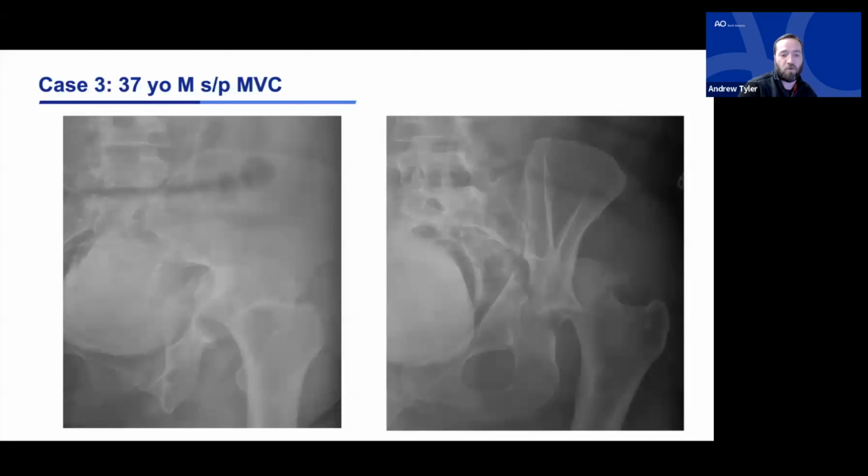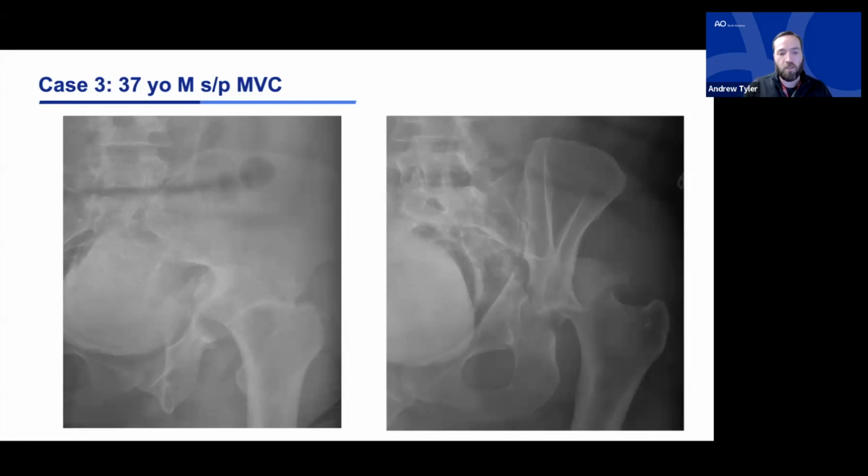Now here again, we're showing the iliac oblique on the left, and then the obturator oblique on the right. And starting with the obturator oblique on the right, again, we see the hip is dislocated. We can see that fleck of posterior wall that's superimposed on the right hip. But we can also see that the anterior column is disrupted. Like we said before, the obturator oblique shows us the anterior column and the posterior wall.